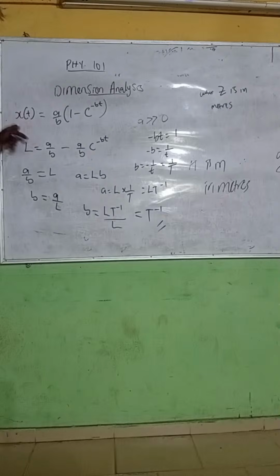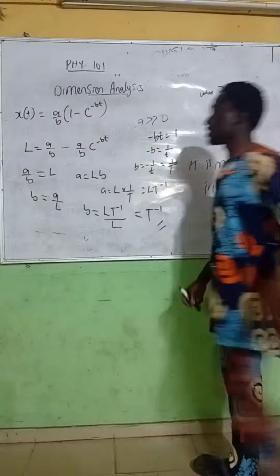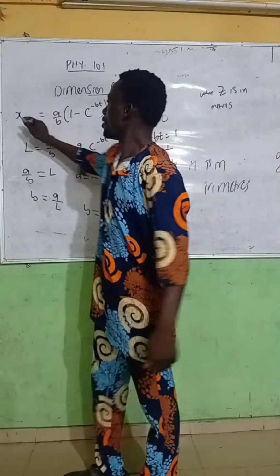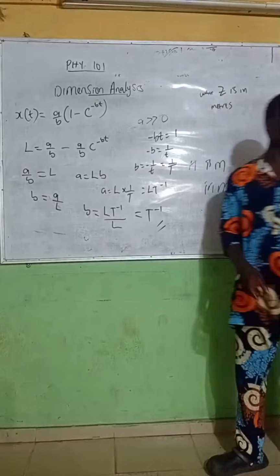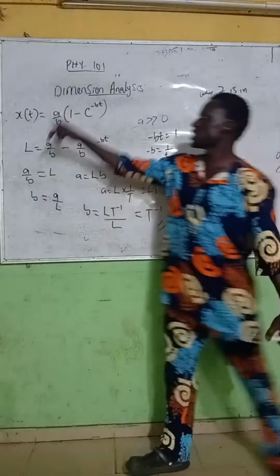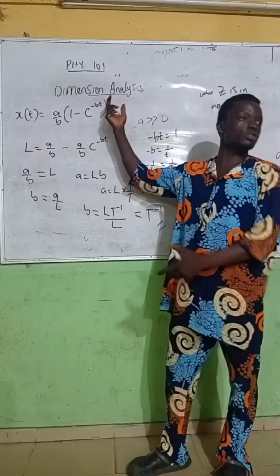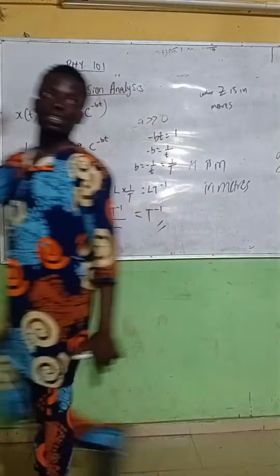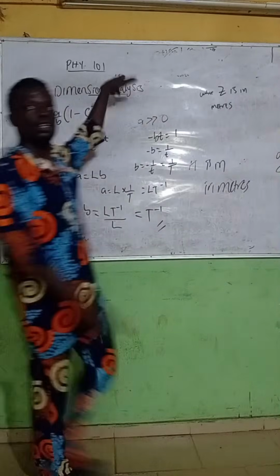Writing it like this shows that it depends on time, whereby if you are given the value of time, you can get your X by substituting time. If it doesn't depend on time, you can't substitute it. So if you have your time, you just substitute it here.